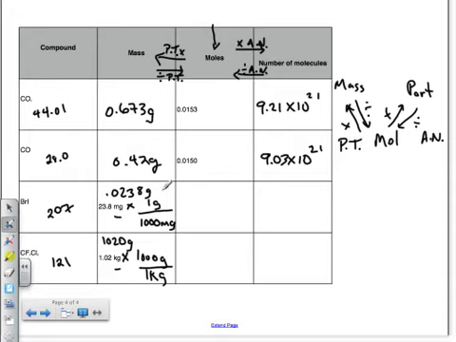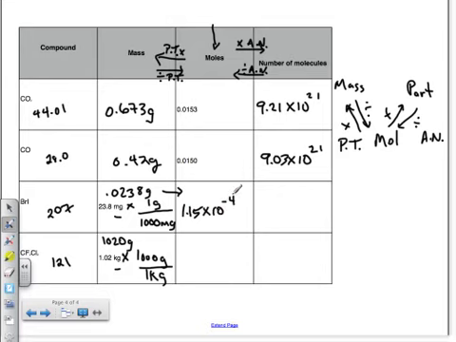All right. Now I'm going in the opposite direction than I did earlier. So I'm going to be taking that mass and dividing by the molar mass. So 0.0238 divided by 207. So I've got 1.15 times 10 to the negative 4 moles.